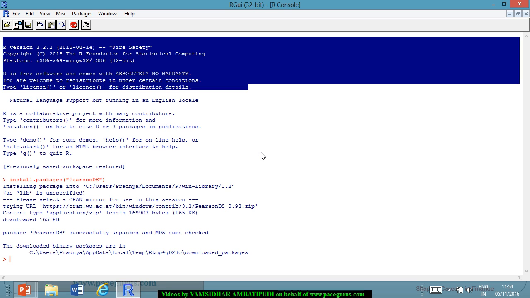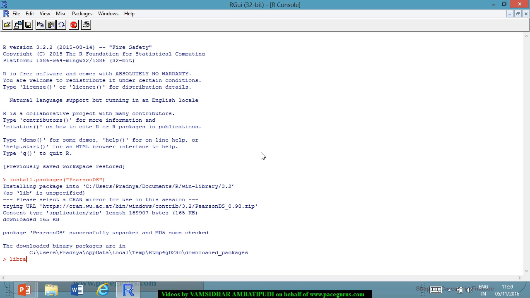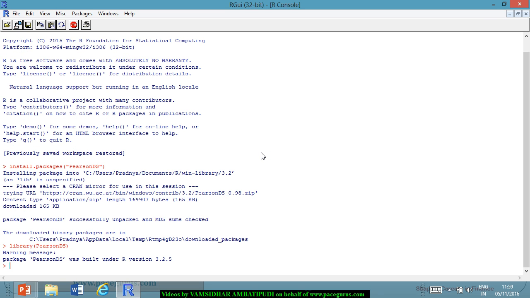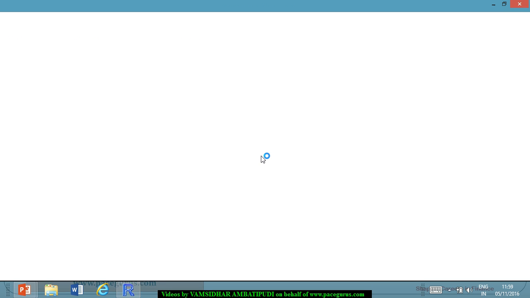Okay, this package is installed. So let's load this package also using library PearsonDS. Okay, so now we'll take the help first. We'll see what this dpearson0, which is the type 0 distribution, is. I want to look at what it is.